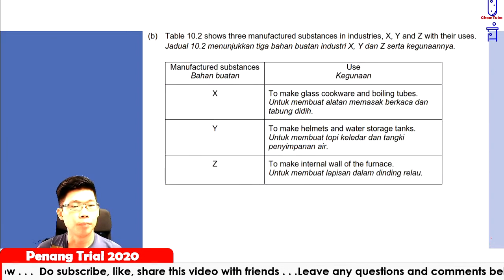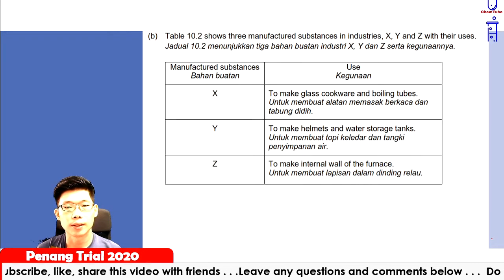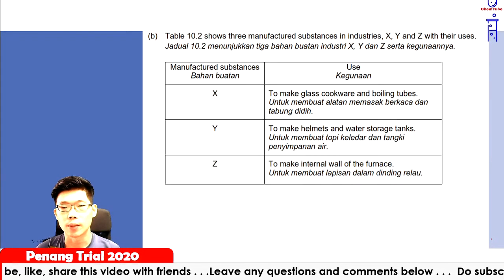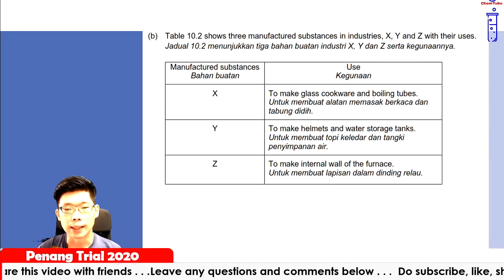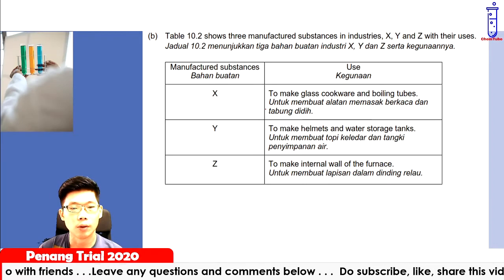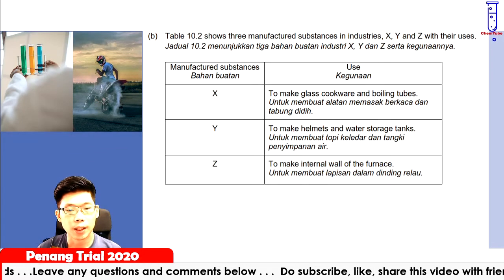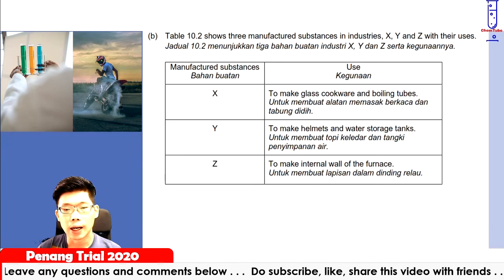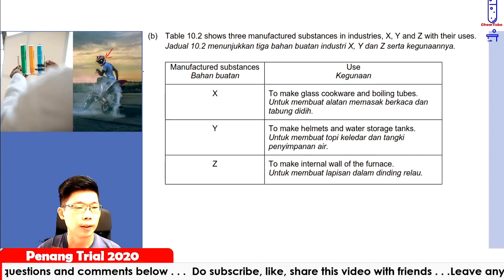Next, B, 10.2. Table 10.2 shows the 3 manufactured substances in industry, X, Y and Z, and their uses. X is to make glass cookware or boiling tubes. Y is to make helmets and water storage tanks.